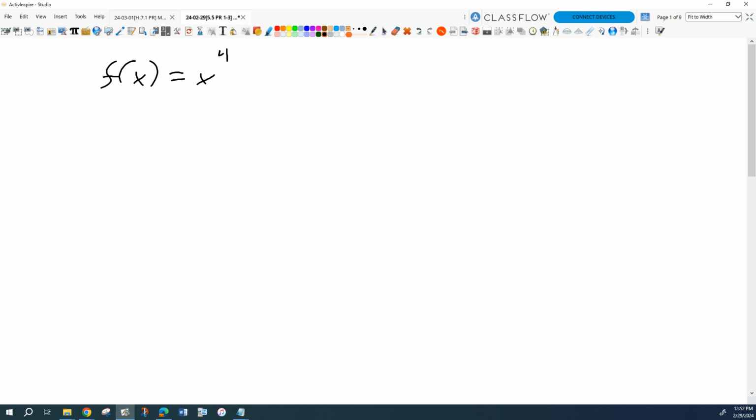Okay, make sense? You could have one that's not a minimum, but it's also not an inflection point. Like what if I had a function that did something like that? This point right here could be a 0 of the second derivative, but it may not be an inflection point.